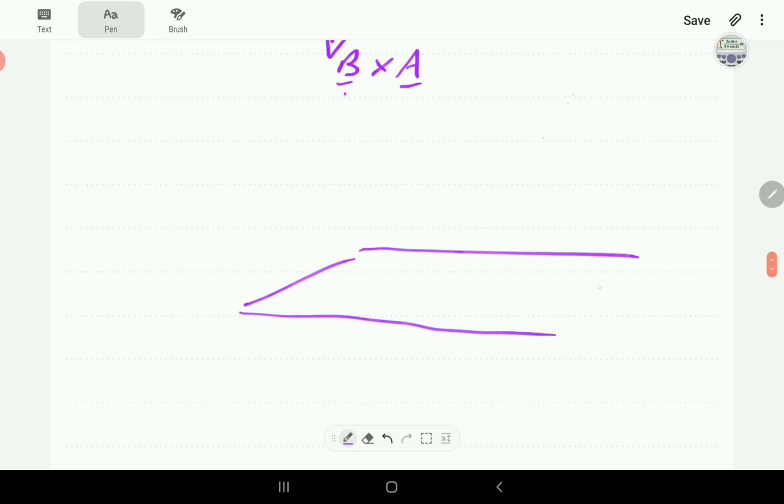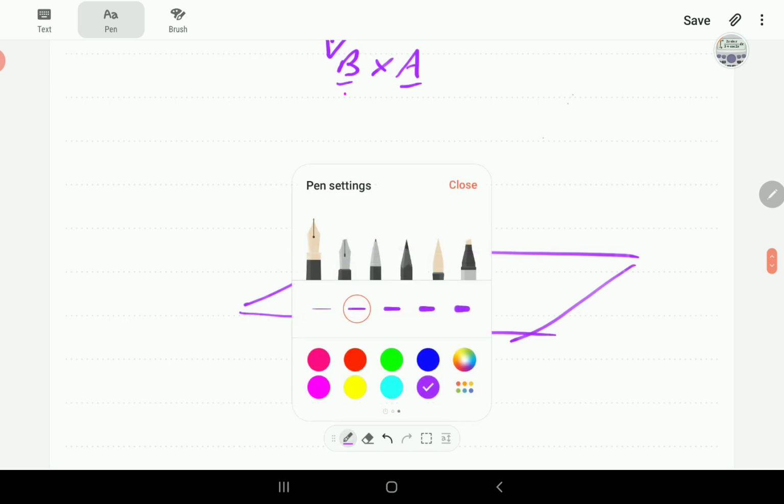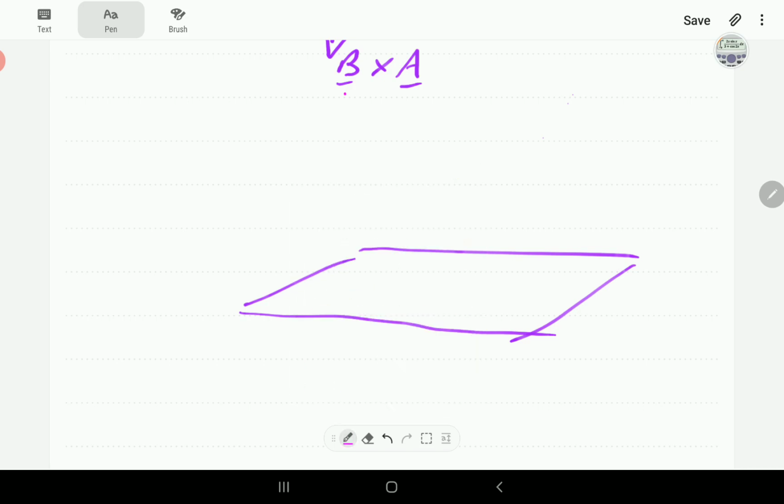If you have a wire which is in this plane, make sure this looks like a wire, and the current in the wire is going in that direction, and you apply a field in this direction here.